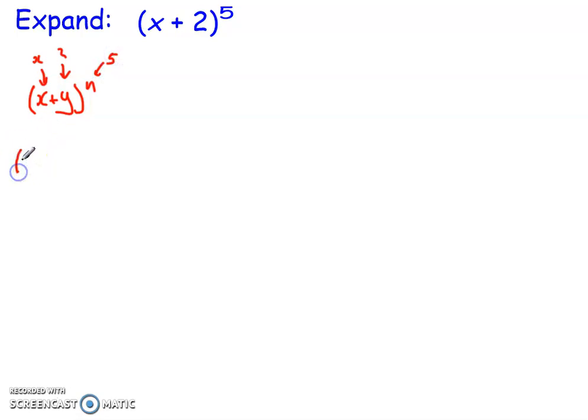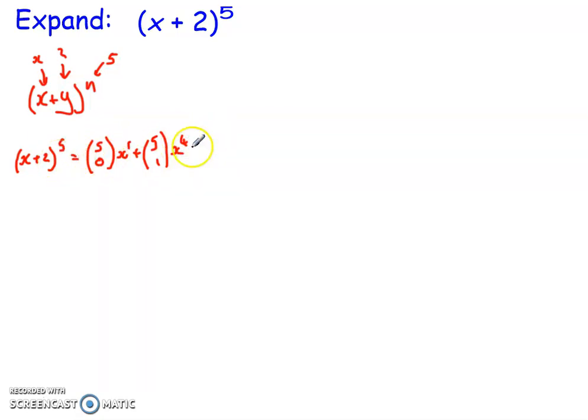So if I look at the generic term, the way I wrote it before, I can say that x plus 2 to the power of 5 is equal to 5C0 x to the power of 5, plus 5C1, so I increase the bottom part of the expansion, x is to the power of n minus 1, so 5 minus 1, which in this case is 4.